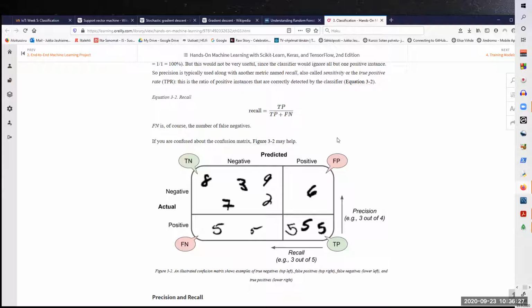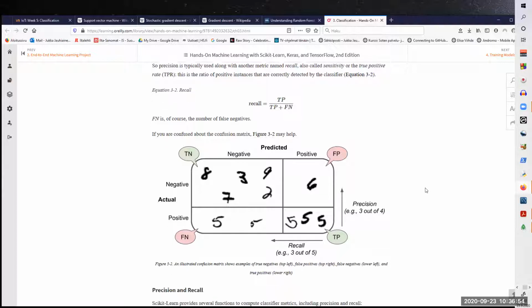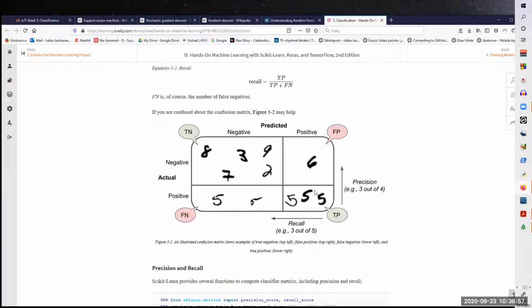And when you illustrate now the confusion matrix, you have the true negatives in the upper left corner, true positives in the lower right corner, false positives in the upper right corner, and false negatives in the lower left corner. So for example, in this case, these 5s were correctly classified as 5.